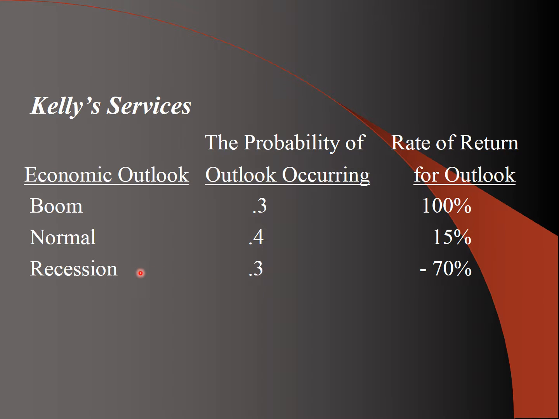And if we have a recessionary economy and the probability of a recessionary economy is 0.3, and again notice how this totals up to equal 1.0, Kelly Services is going to give us a rate of return of negative 70%, so we're going to lose 70%. So these are the projected rates of returns for Kelly Services under the different economic outlooks.